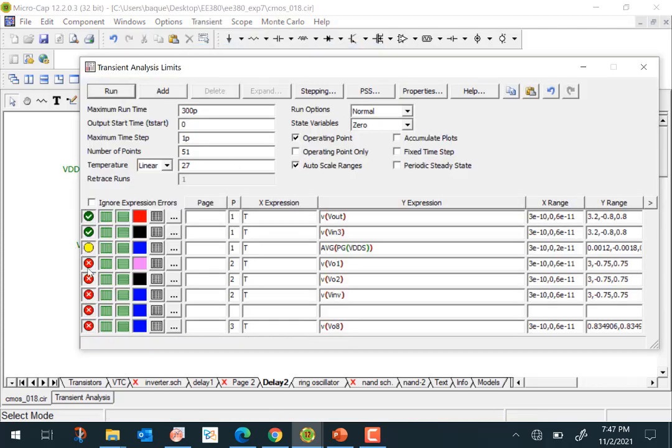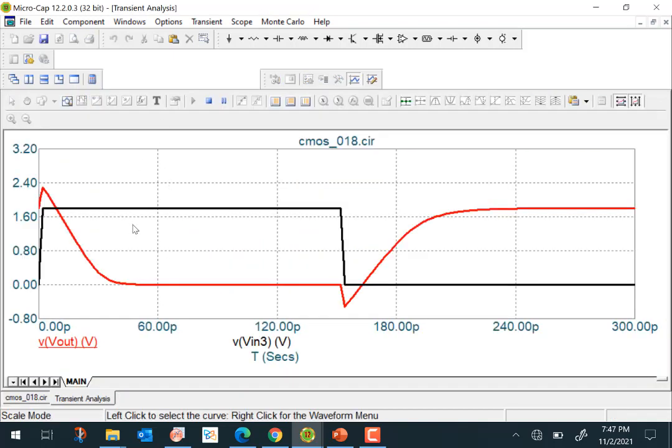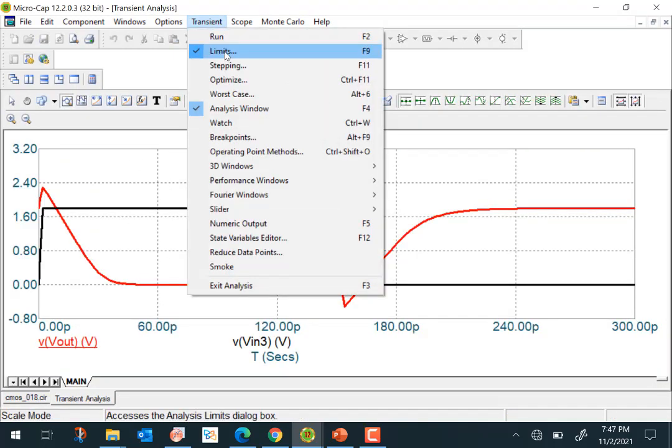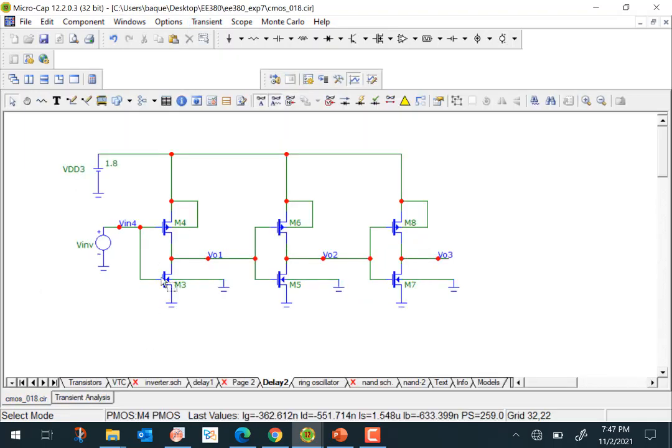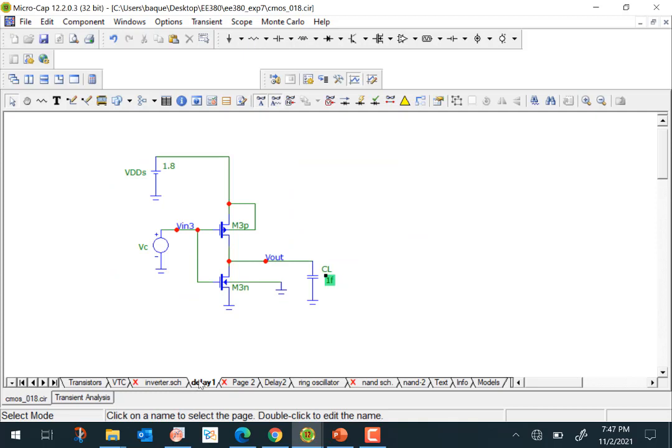Before that, note that if you go back here, we said you can study delay as a function of CL, and besides delay, another important quantity is the power dissipation.